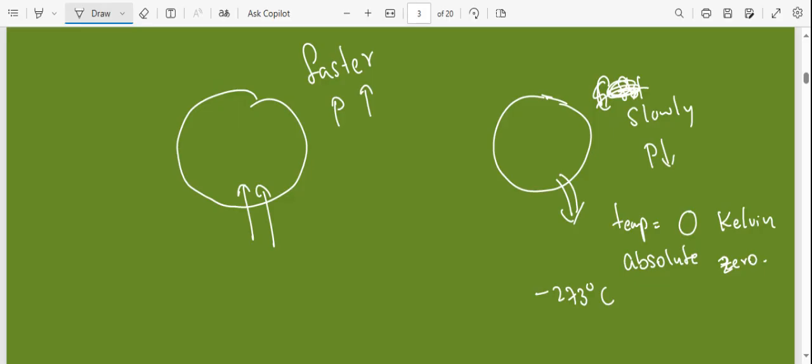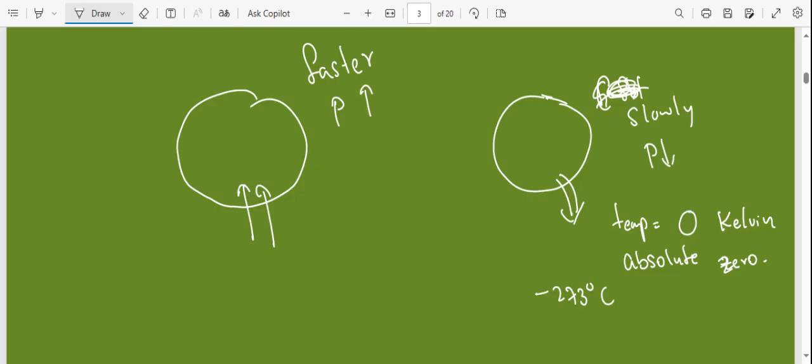So for now, at least for now, maybe in the future, who knows, it might be changed if someone discovers something else, but currently, this 0 Kelvin, or minus 273 Celsius, or the absolute 0 is identified as the minimum temperature possible in any object.